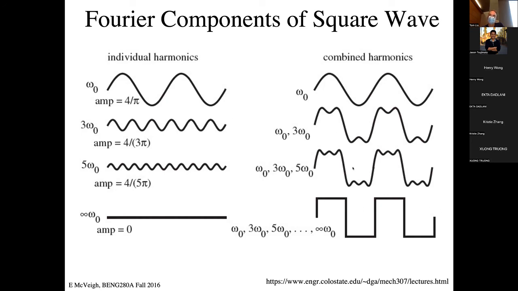Sum in this one, it looks like that. And if I just keep going to infinity, I finally get to my square wave. And so these amplitude values are the values of the Fourier transform of that function. That's what the Fourier transform extracts from this function. It gives you these relative amplitudes.